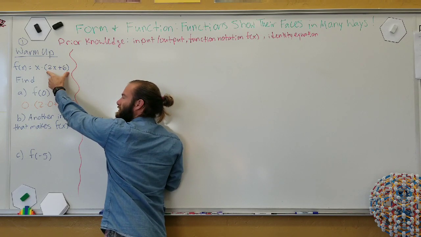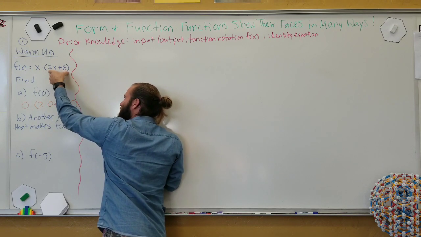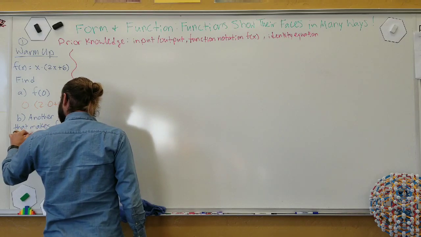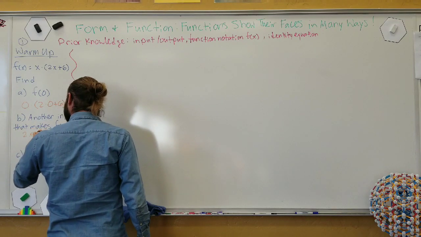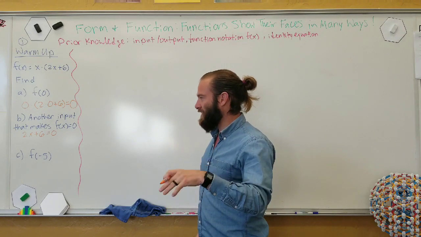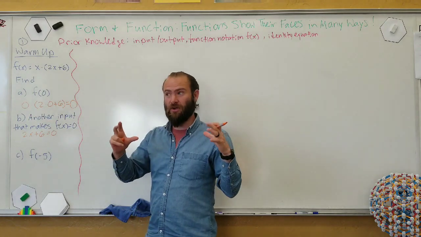Because we found out if this is 0, the whole thing's 0. But also if that piece is 0, the whole thing's 0. So there's more of an equation way to solve it. I can make a separate equation. We know that this other piece being 0, the whole thing being 0, will make that work.